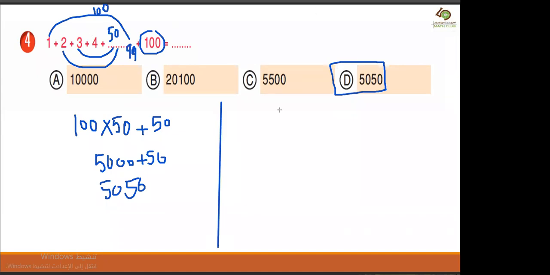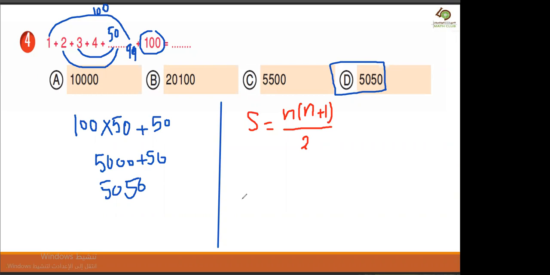When you want the sum, I want the sum equals n, you multiply by n plus 1, divided by 2. Please write this formula, because it is important to find any sum from 1. Only substitute.